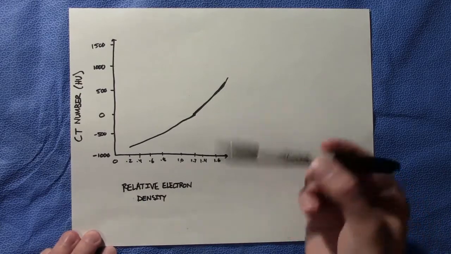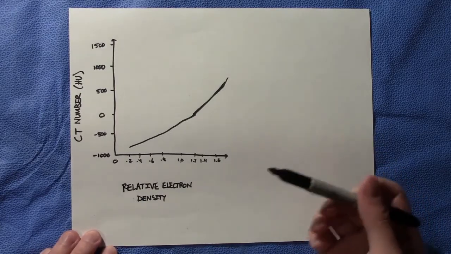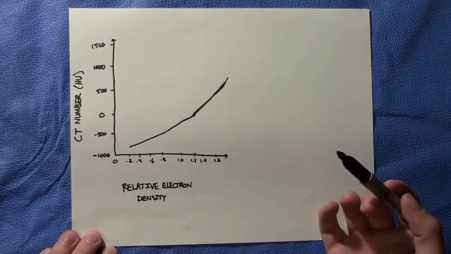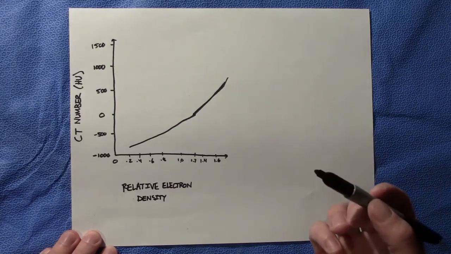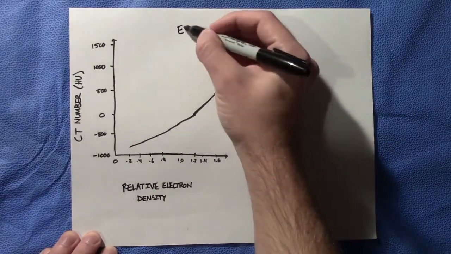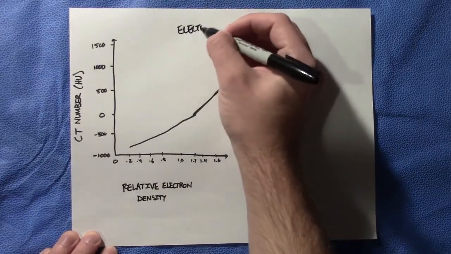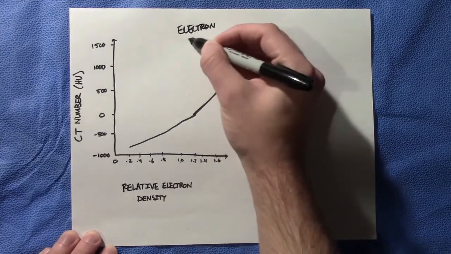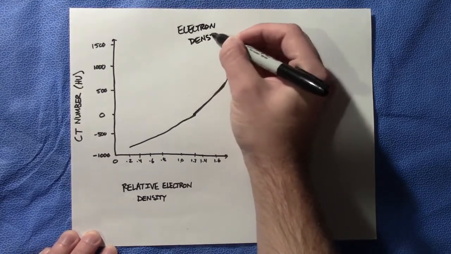Now, to obtain this, we have to use a phantom that has many different plugs of different materials that we know the HU of. So first, this is just simply the electron density curve, and we have phantoms.